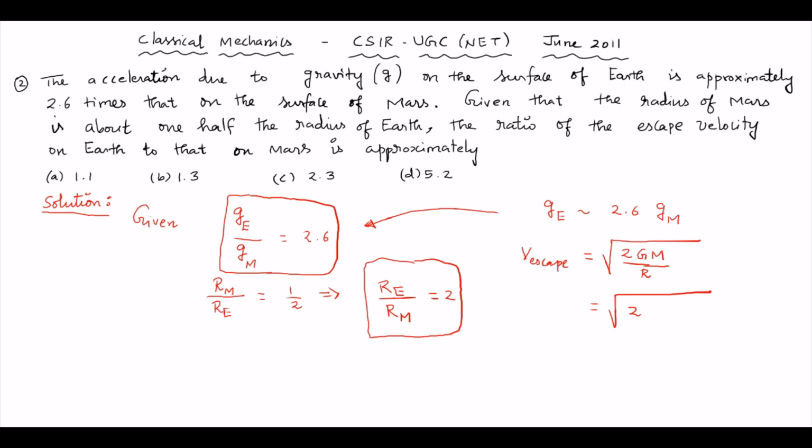If you want to write it in terms of acceleration due to gravity, it becomes the square root of 2gR, with small g and capital R.